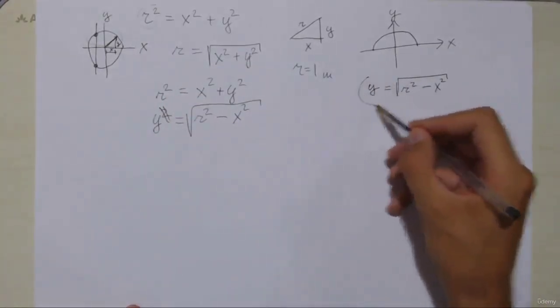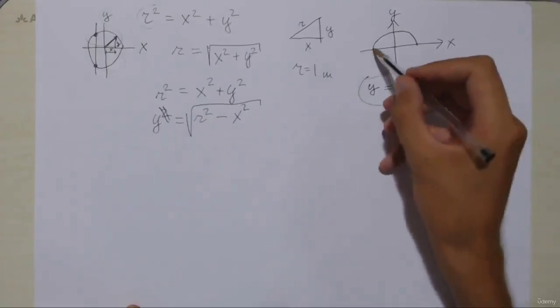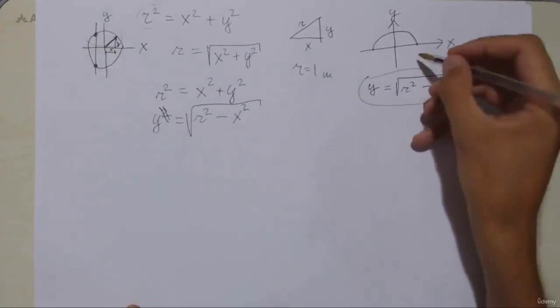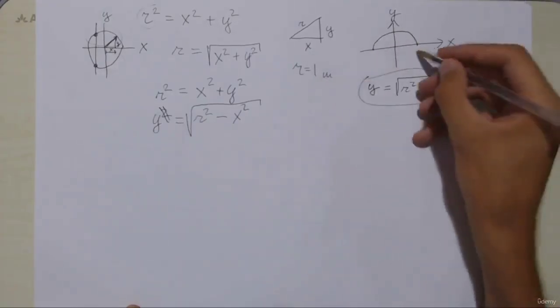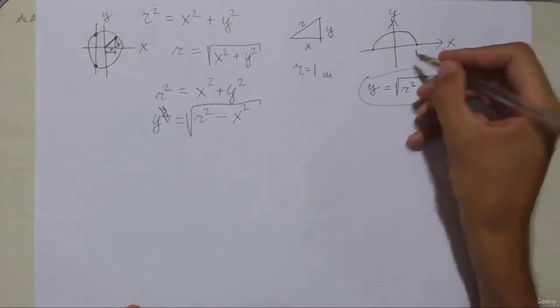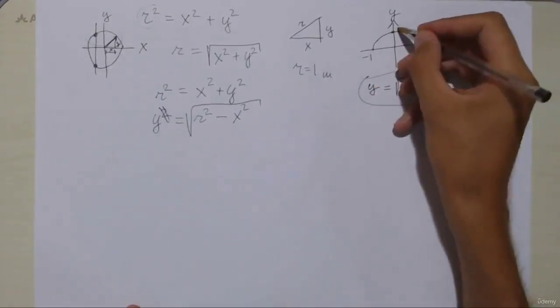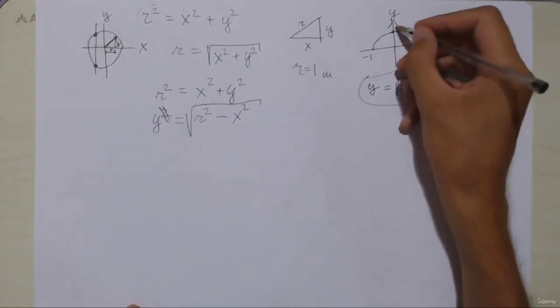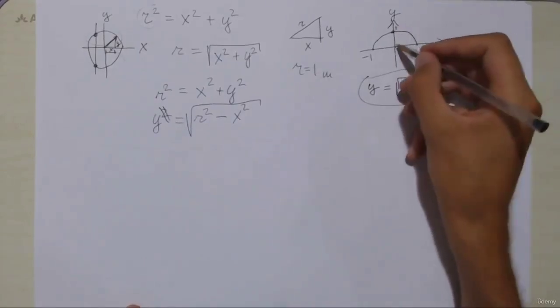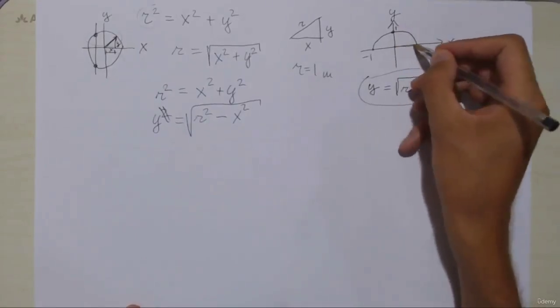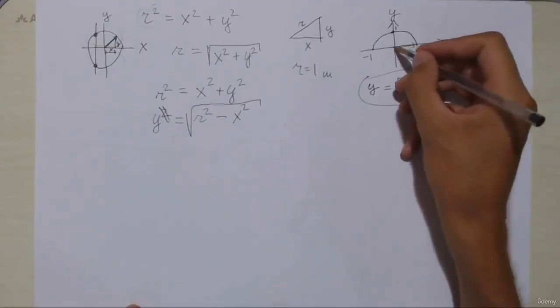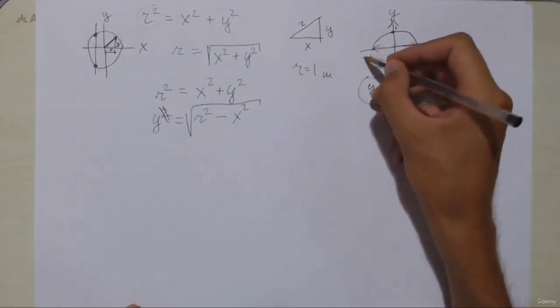So this equation represents this graph, and if the radius is 1, then this is 1, this is minus 1, and at x equals 0, y equals 1, which makes sense because the radius is 1. So if the radius is here, x is 1. If the radius points in this way, it's minus 1.